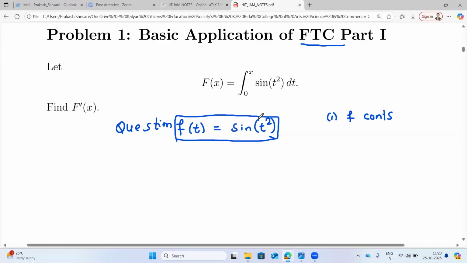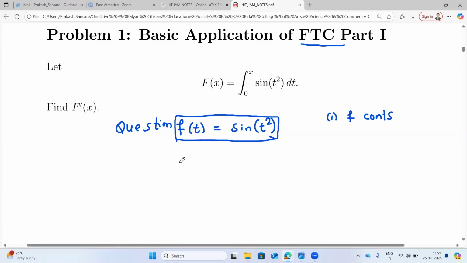There are ways to check continuity: one way is using epsilon delta, and the second is to draw a graph of the function. If you do not find any break in the graph, the function is continuous. Geometrically also one can see, and using epsilon delta, this is a standard function. Sin t square is a trigonometric function, so it's continuous.